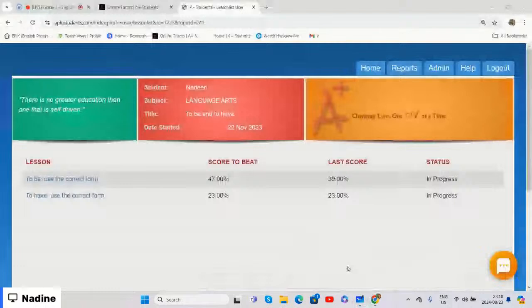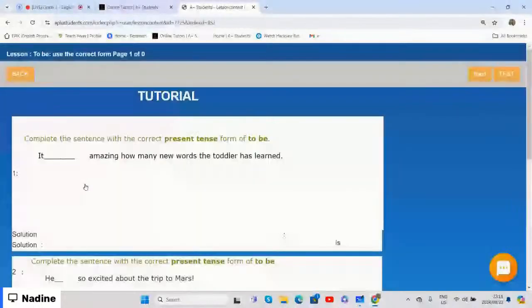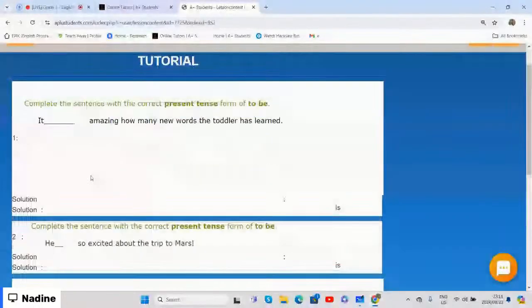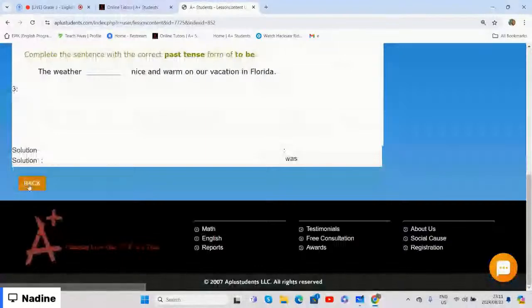So with to be, we say that we are going to use the correct form of to be, and then we're going to use the correct form of to have.